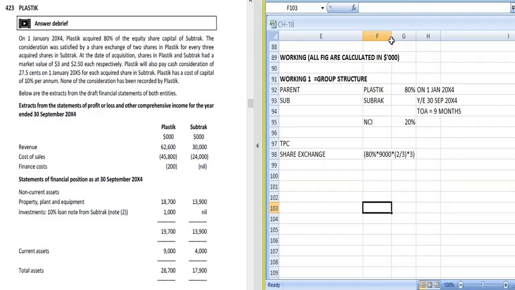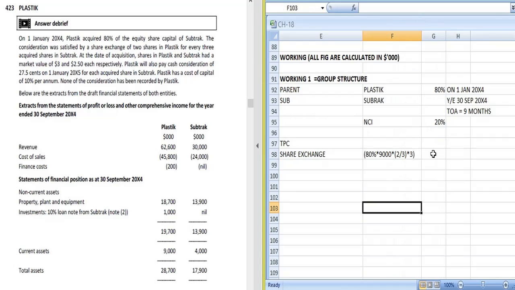Now this is actually what the calculation is, and the final figure will be included. I will show in this box. So 80% into 9,000 into 2 divided by 3 into 3. So the amount is 14,400.